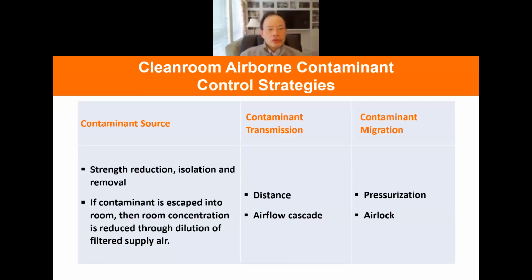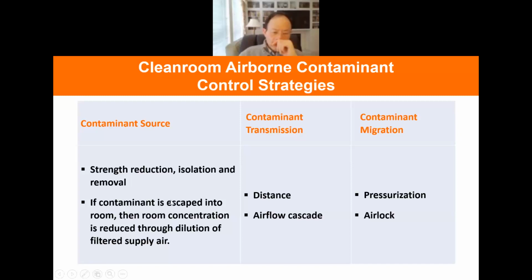So the source control is you can do either reduction, isolation, where you confine these and take as much particle out as possible before you let them migrate into the rest of the room, and also removal. If you generate it, you need to localize it and provide a removal capacity, to minimize the particle dispersion from the source to the rest of the room.